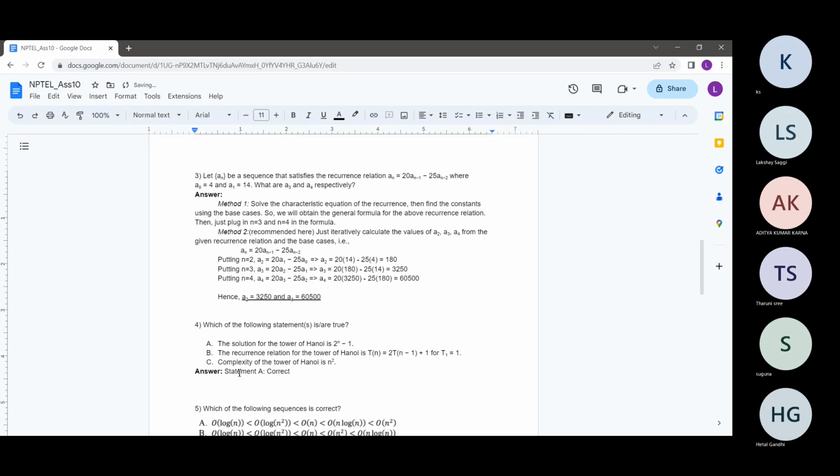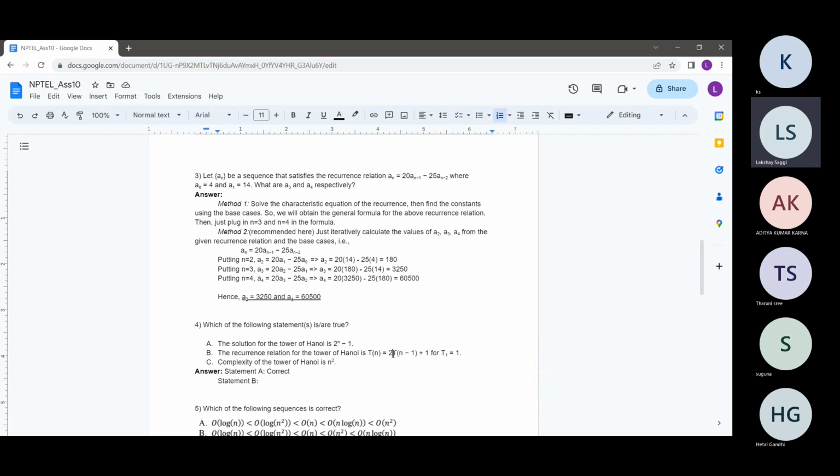Statement B says the recurrence relation for Tower of Hanoi is Tn is 2 times Tn minus 1 plus 1 for T1 equals 1. This is also correct if you remember the recurrence. How did you find the recurrence?